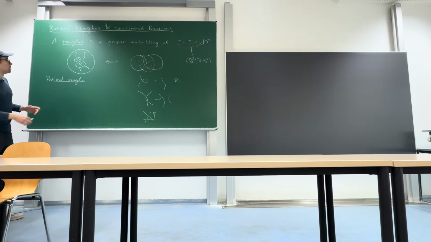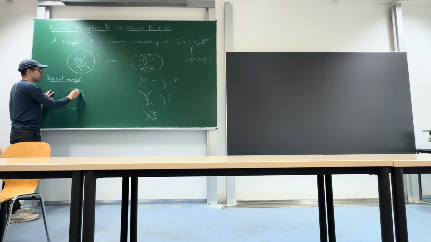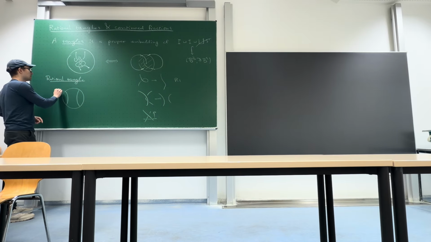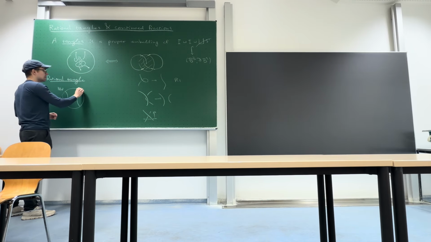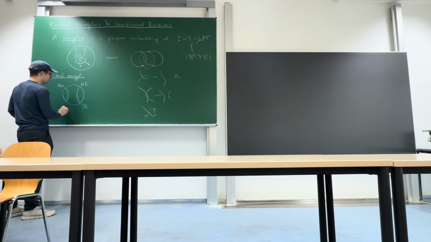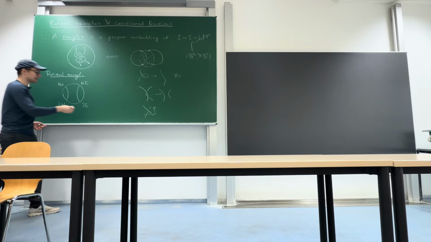Let's say we have a tangle diagram here. We can use some sort of geographic notation. So this is northwest, this is northeast, this is southeast, and this is southwest. The core idea is really simple.